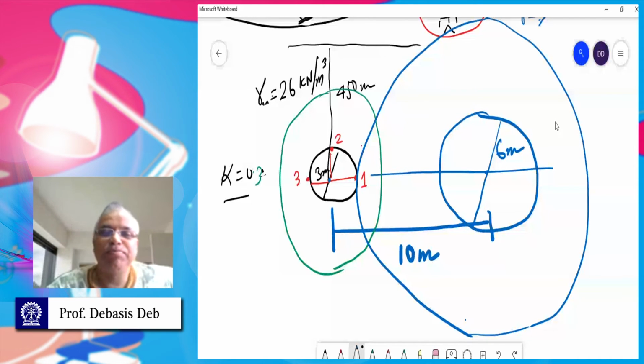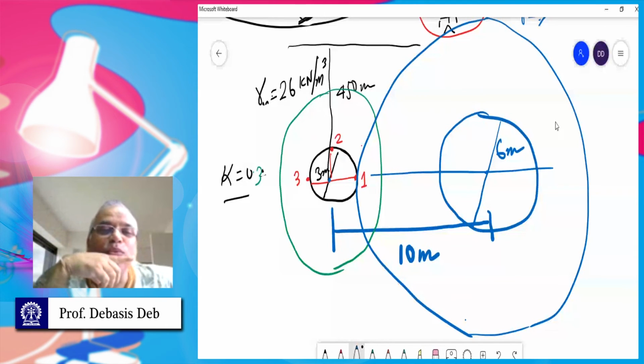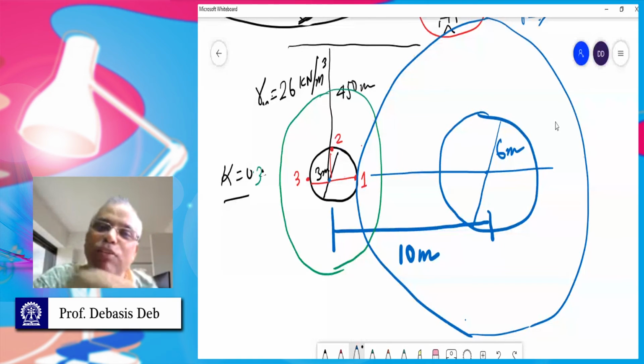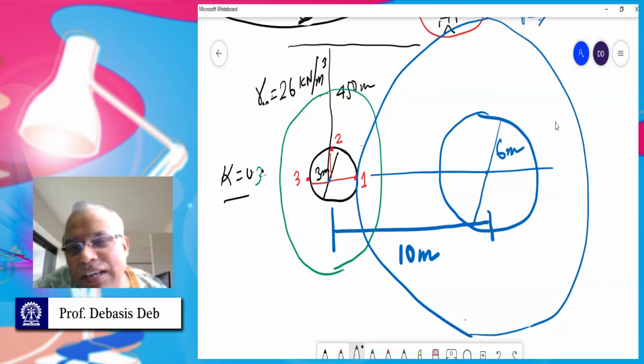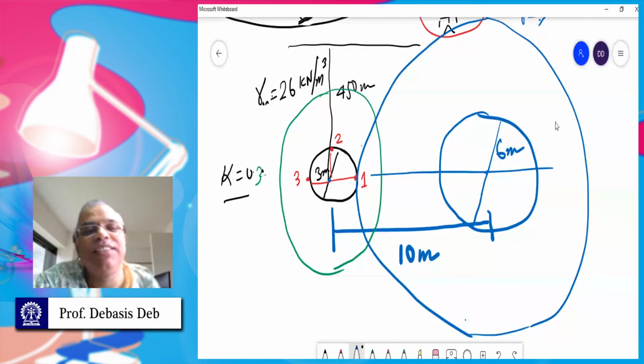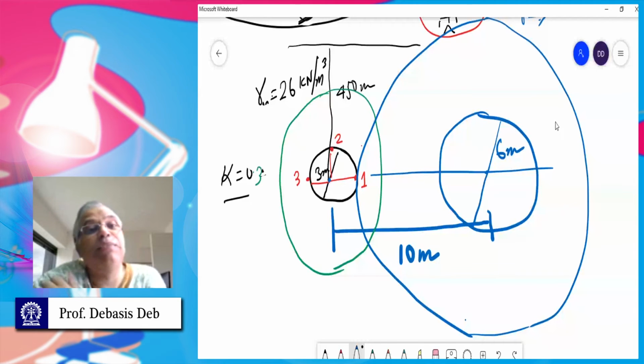Now my second problem: what you are going to calculate is what happens to the stresses at 0.1, 0.2 and 0.3, considering this zone of influence, and what happens to the factor of safety. You had a previous factor of safety; now you need to calculate whether it is increasing or decreasing and present it to your boss. If it is decreasing, it's not a good idea, or we have to increase the PI.